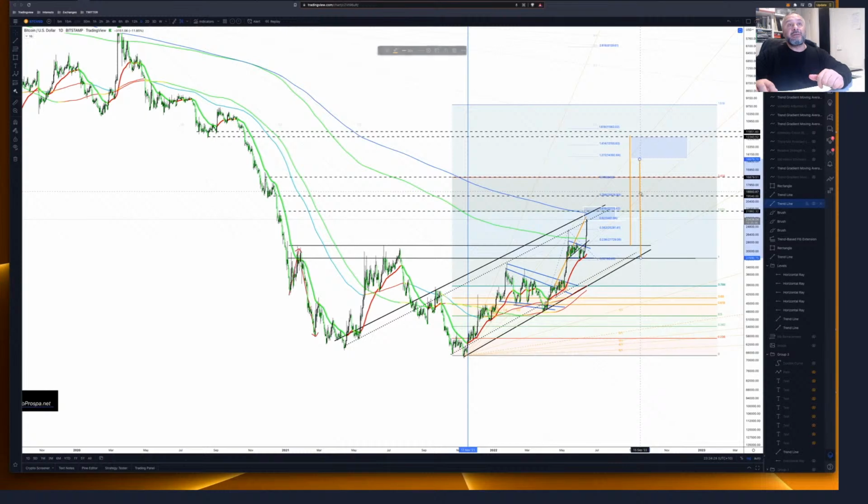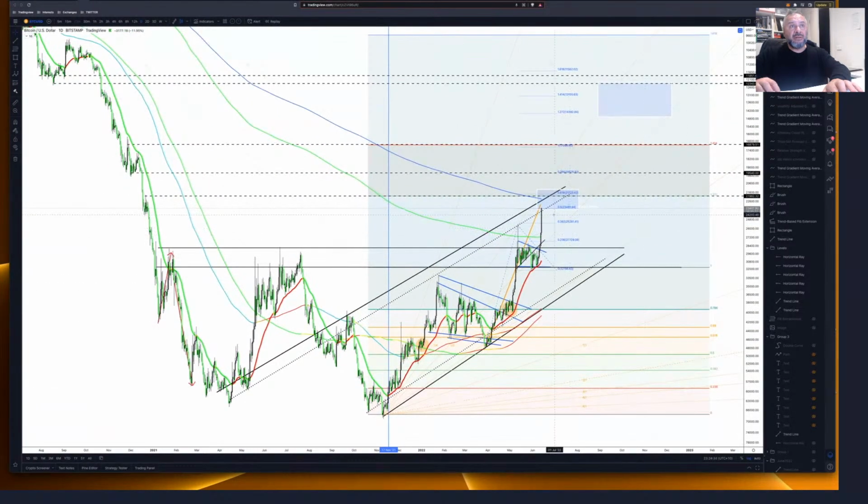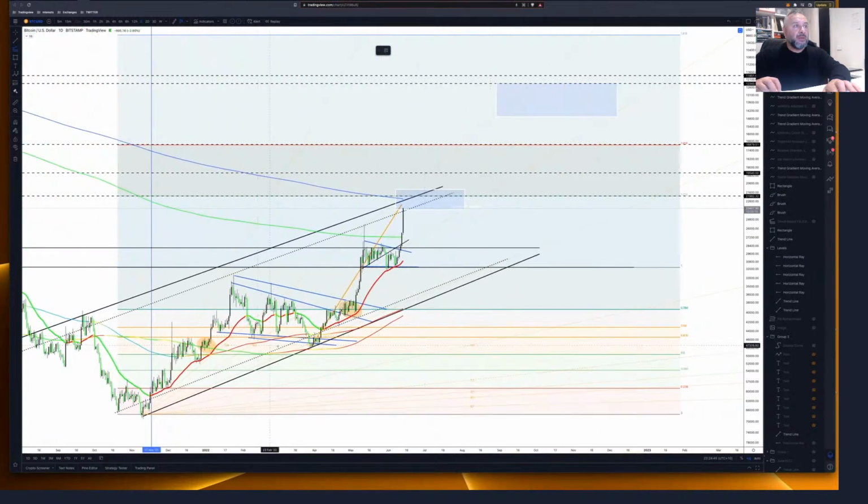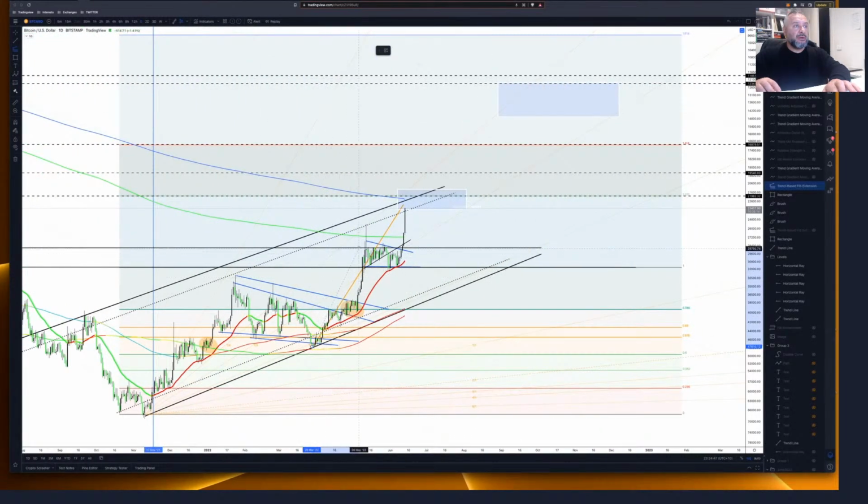So what we're going to look for in this case, potentially, if we reverse this now, actually the other thing I was speaking about is this here. If we were to do the Fibonacci extension, there's a number of ways of doing this. If we use this point to the wick and then bring it back down, we've got the 0.5 and the 0.618 in this box as well.